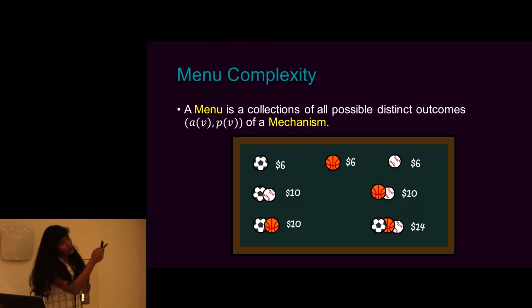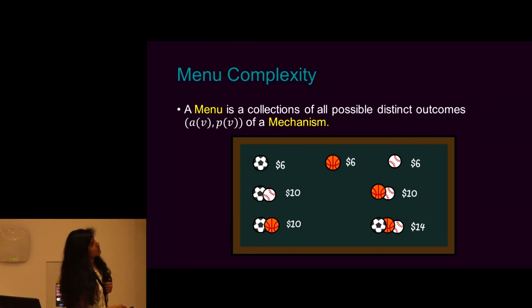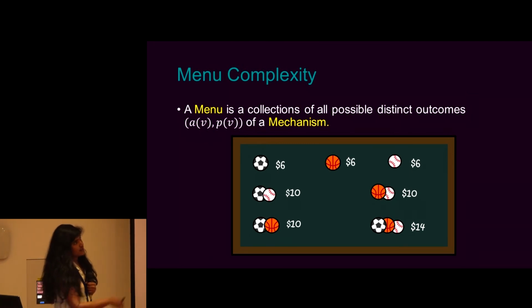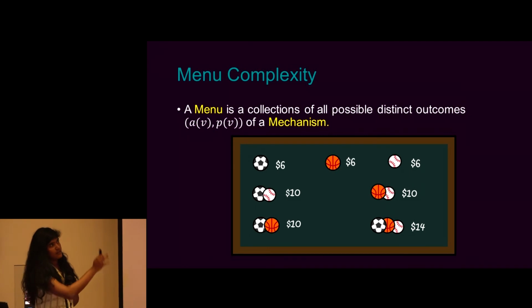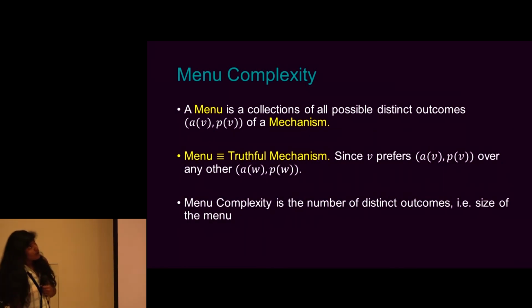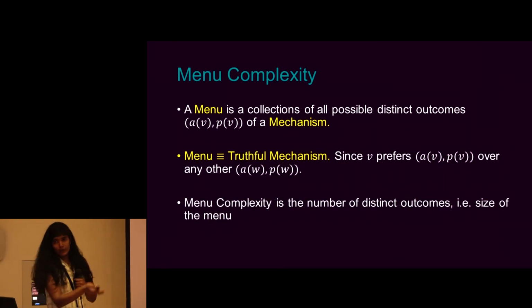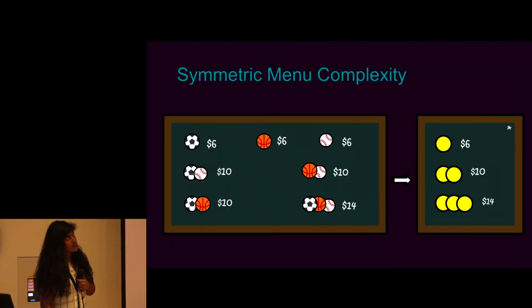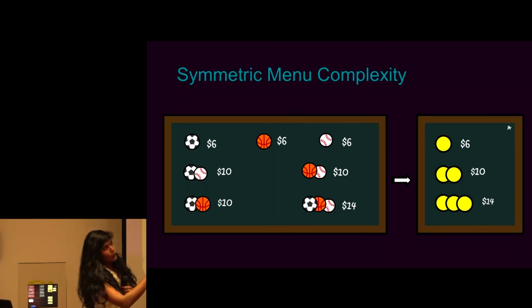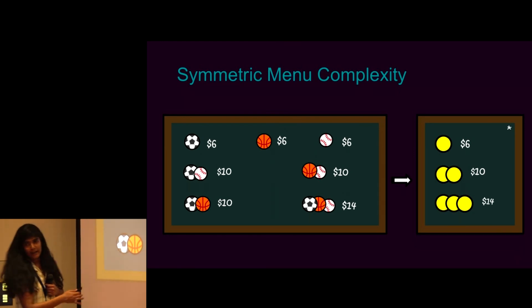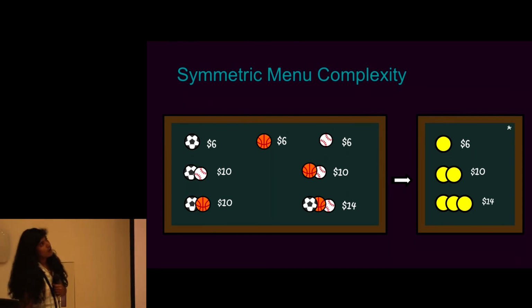A menu is a collection of all possible distinct outcomes of a mechanism. This is one possible menu. It can also have randomized lotteries. A menu is equivalent to a truthful mechanism, and menu complexity is just the number of distinct outcomes. In a symmetric menu, I'm going to make a more compact menu, but with an implicit contract.